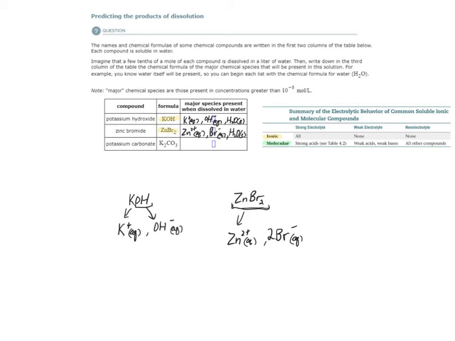Potassium carbonate. Okay, I have this chemical formula, and I can predict that the charge of potassium would be +1. I recognize carbonate as a polyatomic ion, and I immediately know that it has a charge of -2.